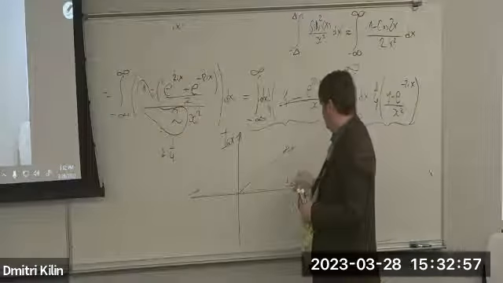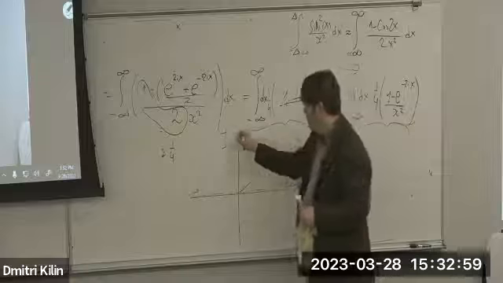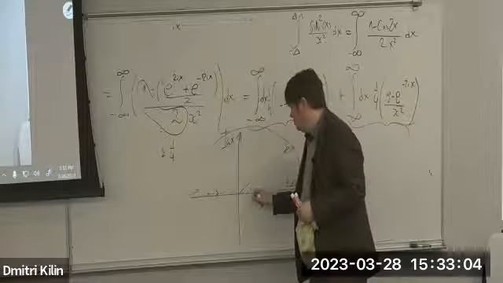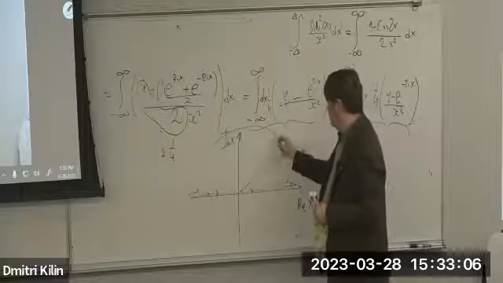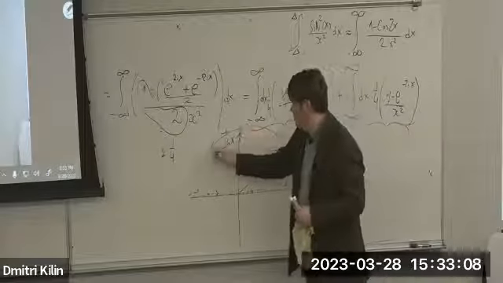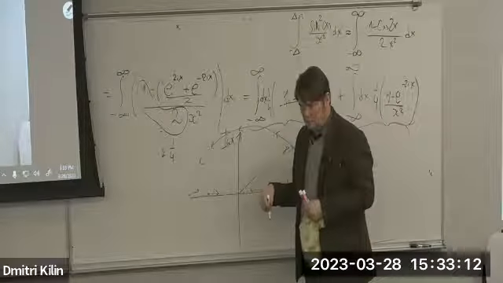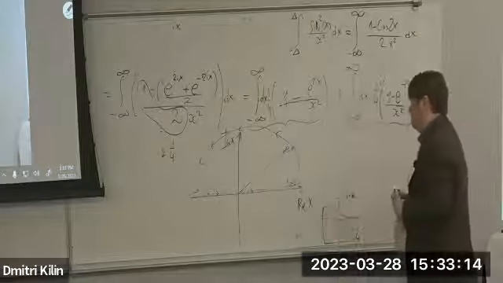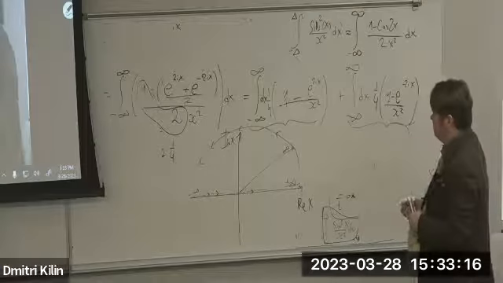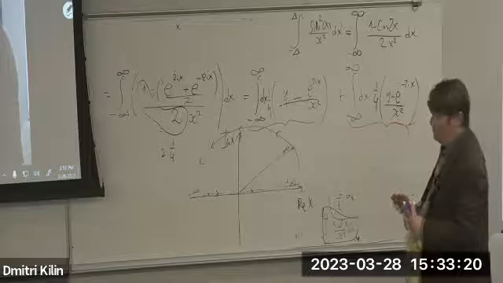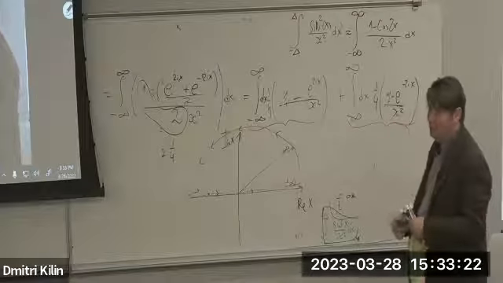So we can add or subtract. Instead of going integration along the line, we can assume that we are going integration along a closed path, along the contour, right? This I can admit.